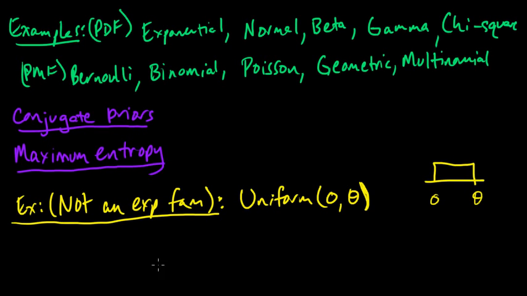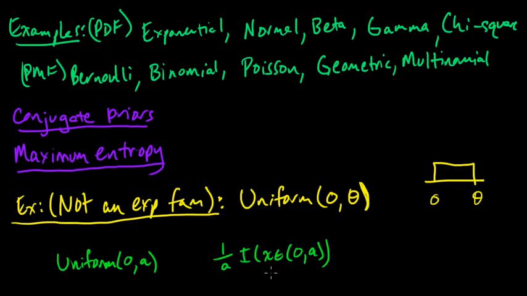If instead we were talking about the uniform distribution on 0 to a, where a was not a parameter, then this would be trivially an exponential family, because its PMF would just be the indicator that x is in this interval 0 to a times 1 over a.